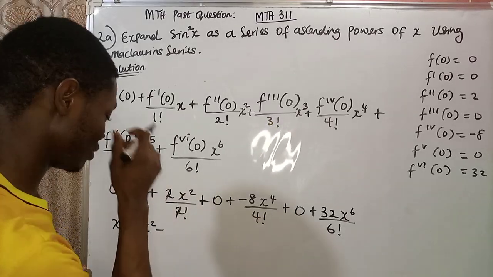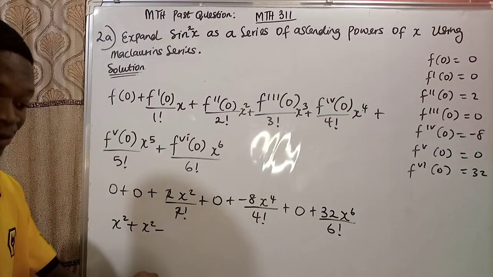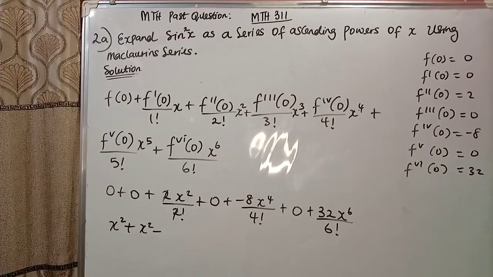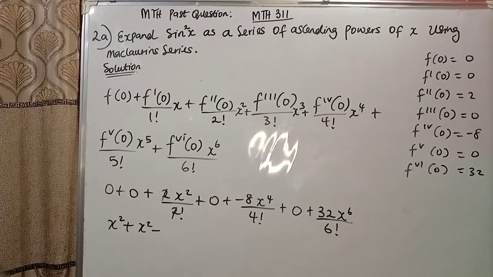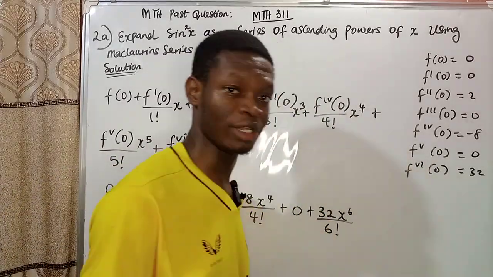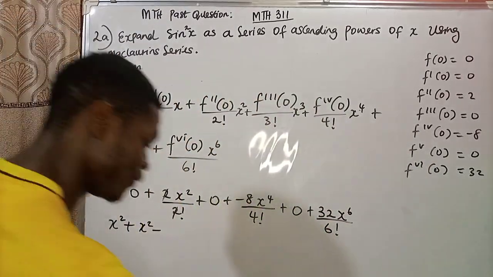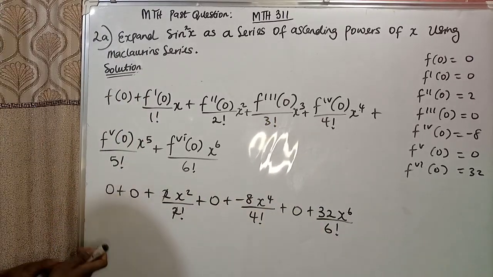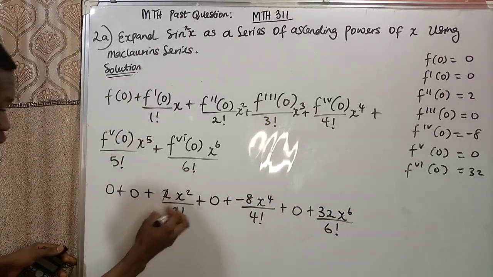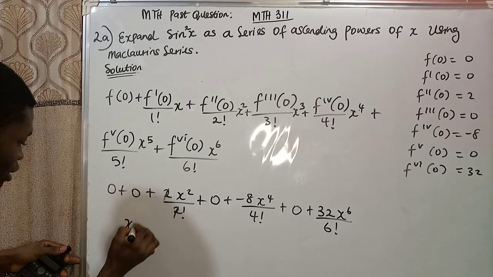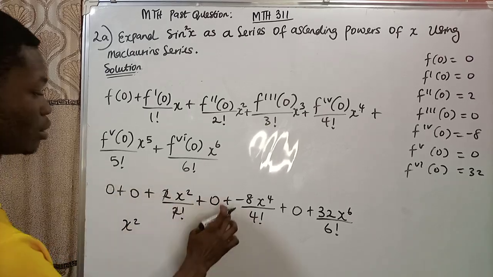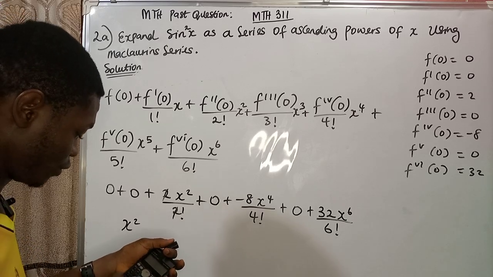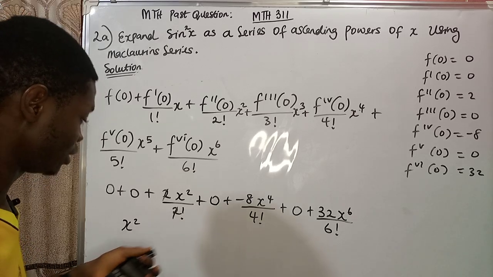8 divided by 4 factorial is, I think, 720. Let me bring my calculator. Okay, I've gotten my calculator. Sorry for the breakdown. So we have x squared. Now 4 factorial is 24.